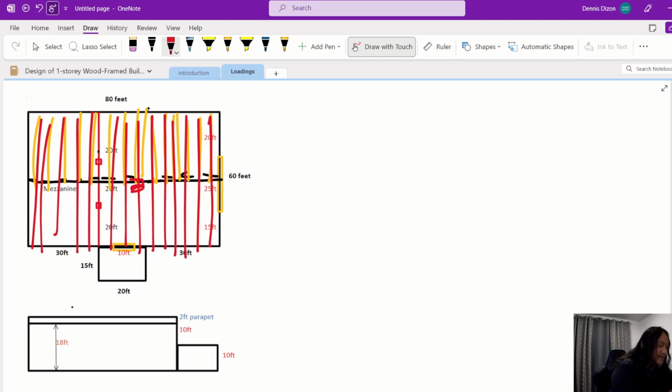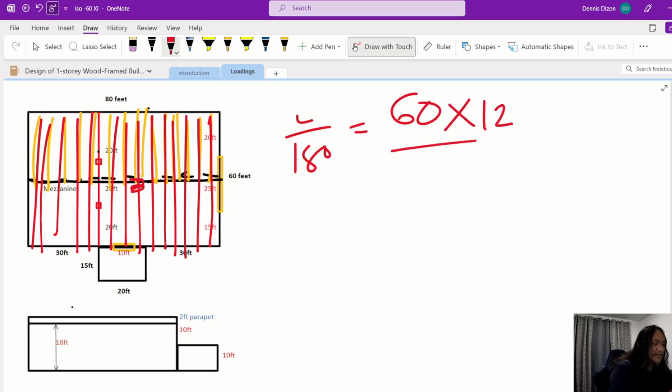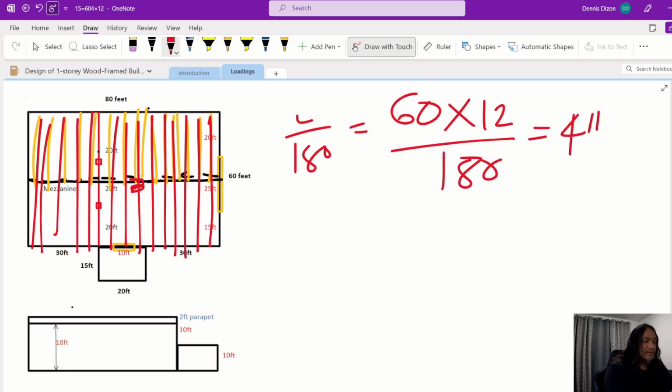So at L over 180, 60 times 12 over 180 is equal to 4. 4, no?